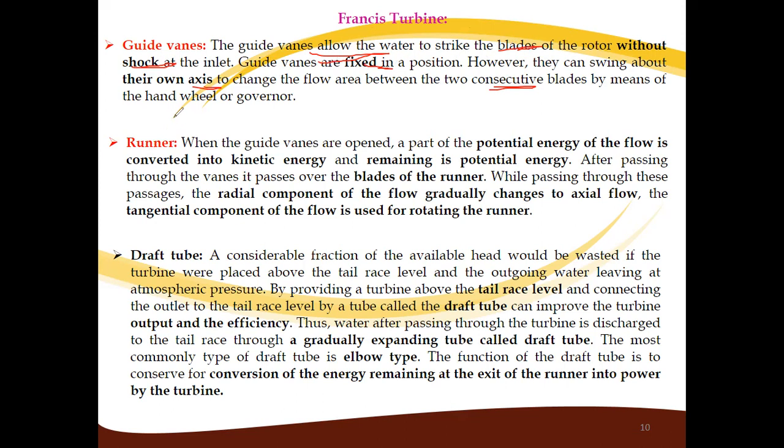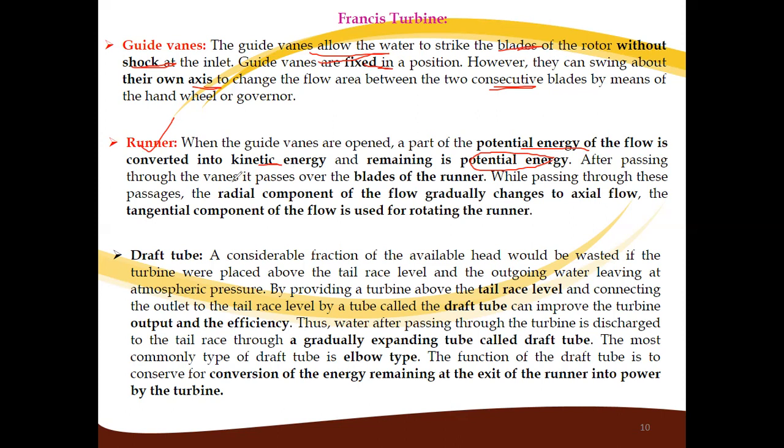Then we have the runner. When the guide vanes are open, a part of the potential energy of flow is converted into kinetic energy, and the remaining will be potential energy.